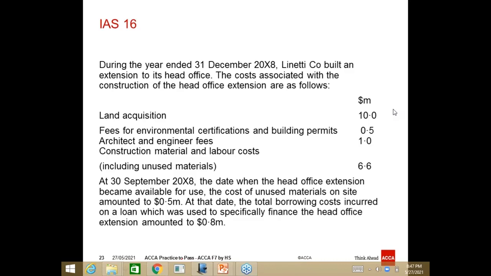This impairment loss is recognized according to the provisions of the prudence concept.